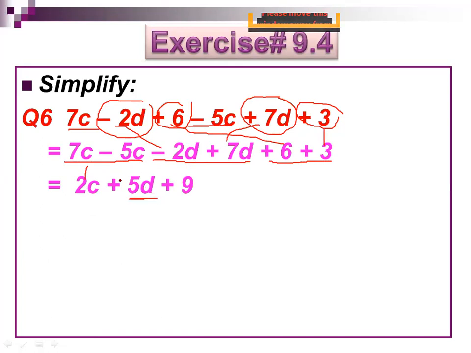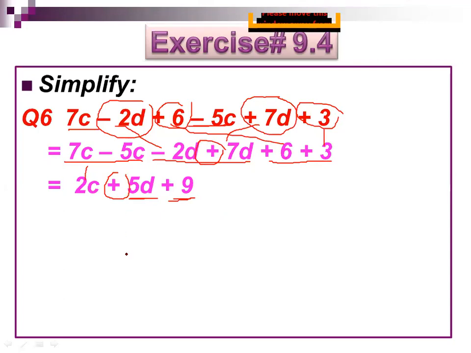But you are not going to write the minus sign here because 7 is bigger, so you are going to write plus here. And 6 plus 3 will become plus 9. That is very simple. So 2c plus 5d plus 9 is your right answer, and you are not going to add them together because these are unlike terms.